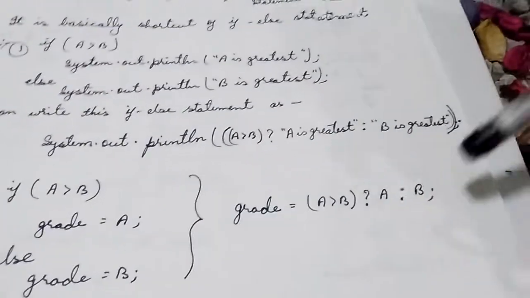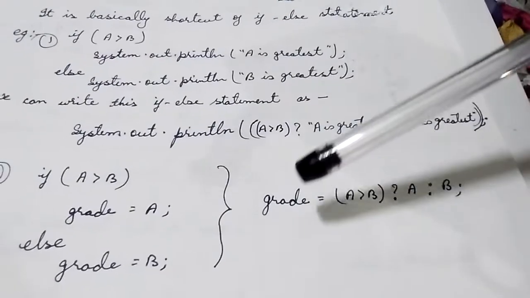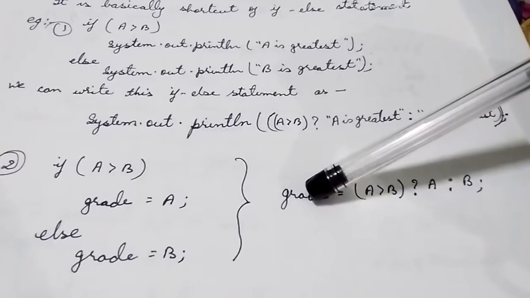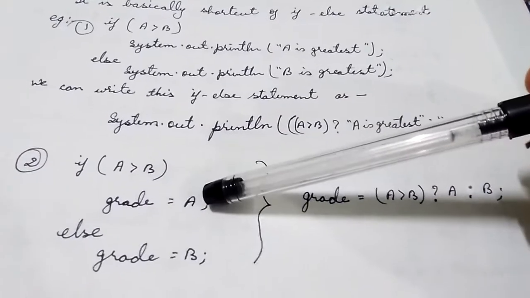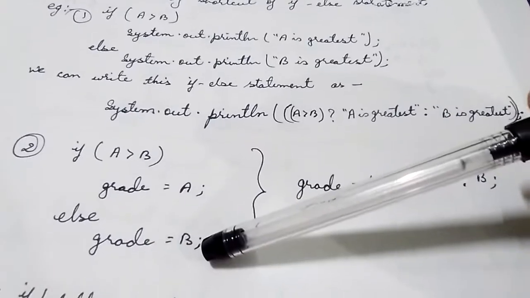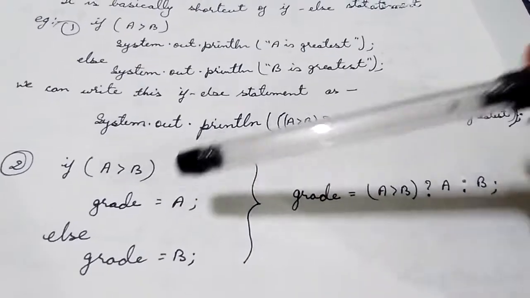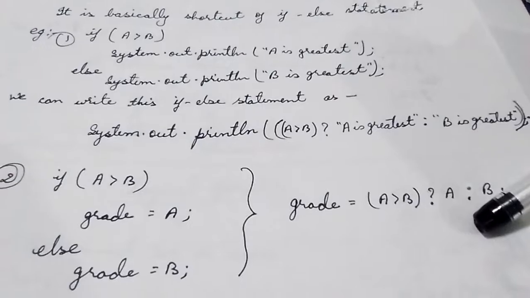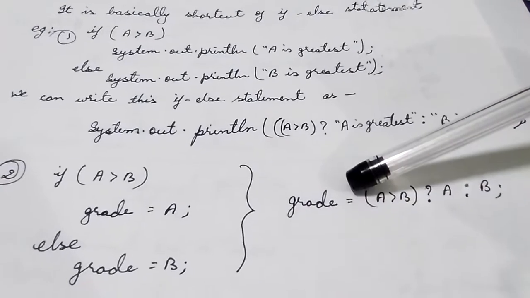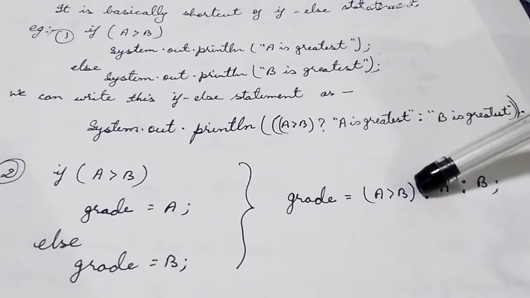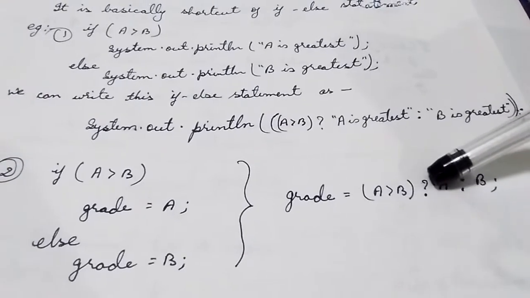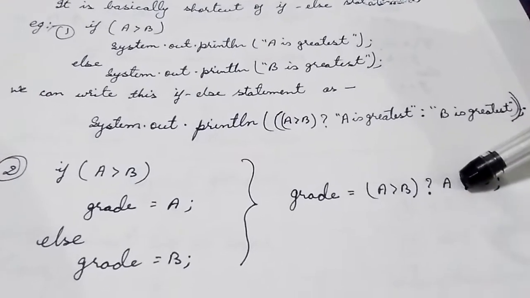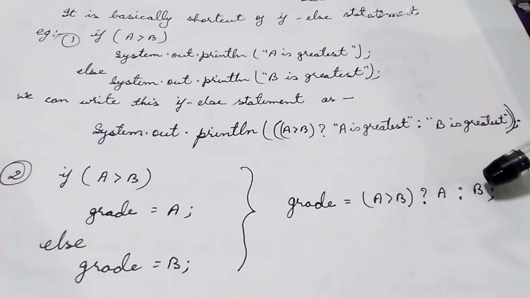That's why the expression is passing the value to grade. If A is greater than B, grade equals to A, else grade equals to B. The same thing we can write using the ternary operator: grade equals to A is greater than B, question mark, then A as this is the true part, else, denoted by colon, B.